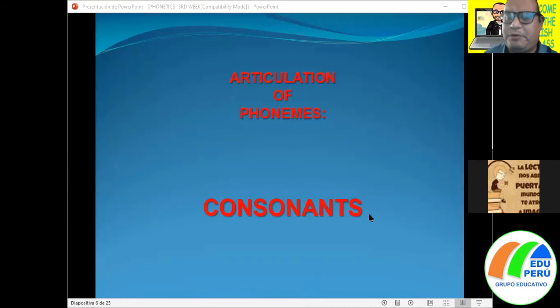Can you remember what the characteristics of consonant sounds were? How are we going to classify consonant sounds? You can use the chat or your microphone. How can we classify consonant sounds?